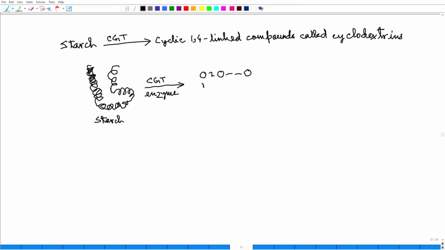So, a mixture of products, mostly cyclic, with linear ones in between. These are cyclic and acyclic dextrins.